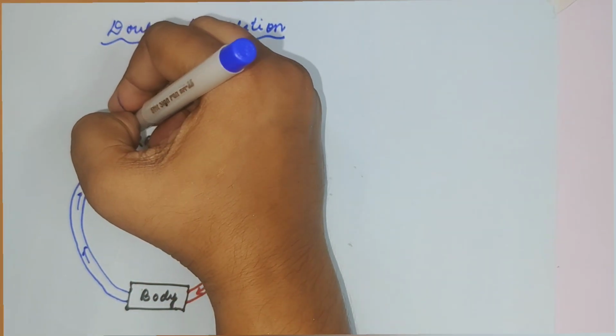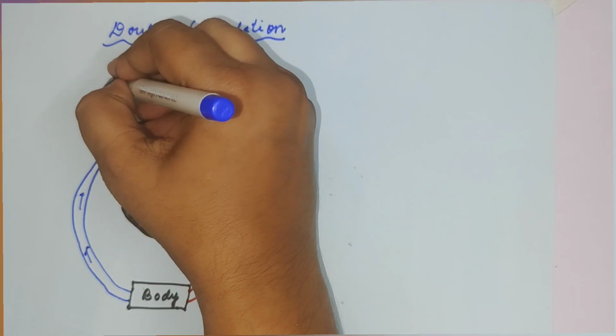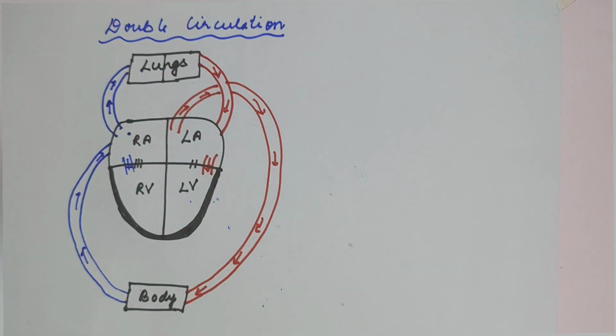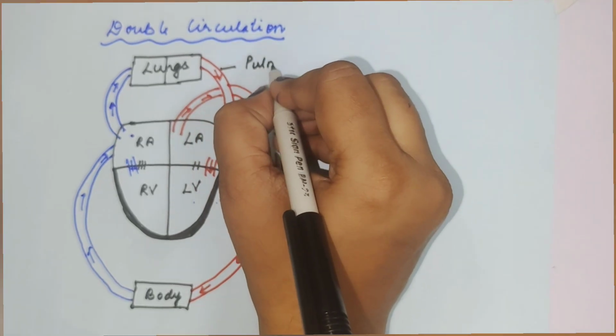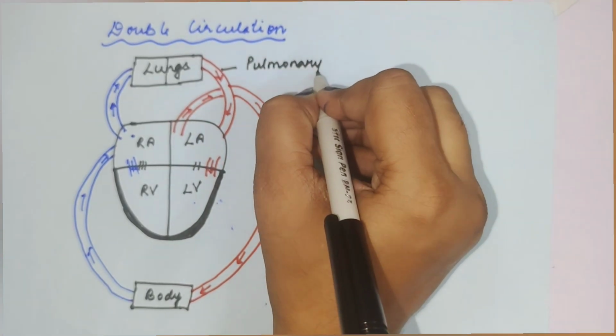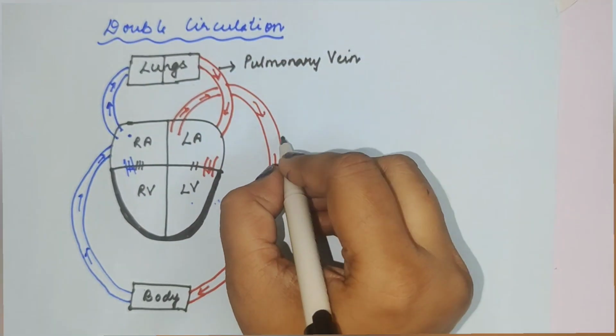So, as we have already seen when we were discussing the difference between the arteries and the veins, that all the arteries carry oxygenated blood except the pulmonary artery, whereas all the veins carry deoxygenated blood except the pulmonary vein.